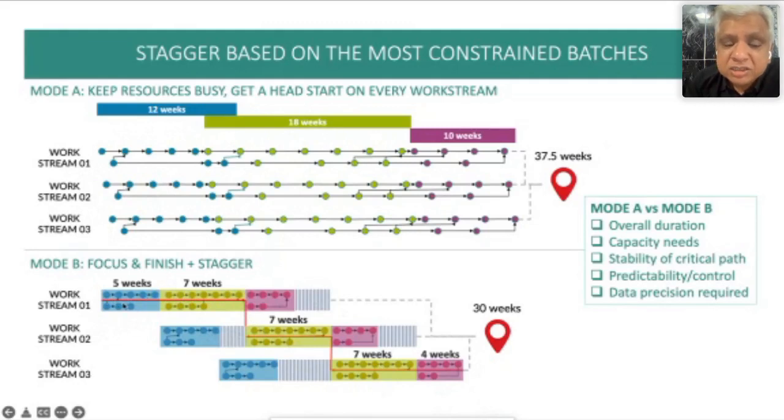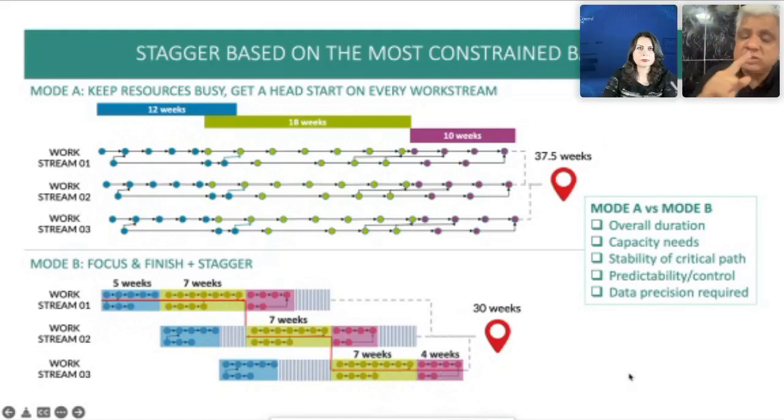But remember that integration point, focus and finish thing that I showed you. Whatever the integration points are here, we will not add up those delays, only the worst case delay will pass on in this scenario. Right? So my critical path is more stable. Think about this importance of the stable critical path on predicting when the project will get done.